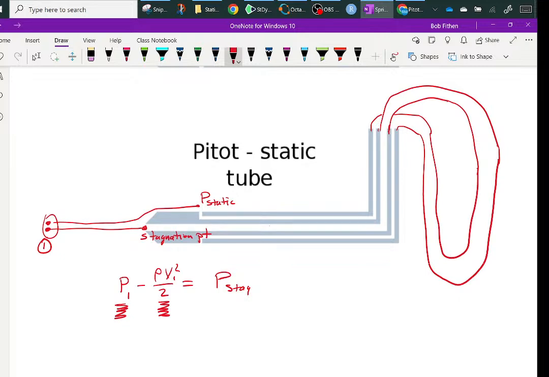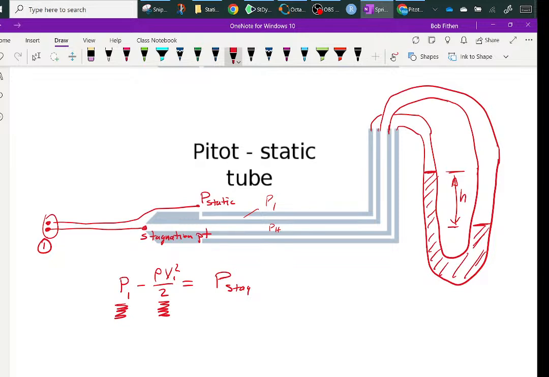Since this is stagnation, this one's going to be a higher pressure than this one. Then any water you have is going to be moved back and forth like this. And so you're going to get a height right here. And here's your water. Say the rest is air.